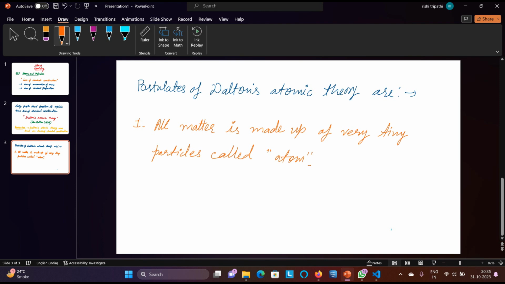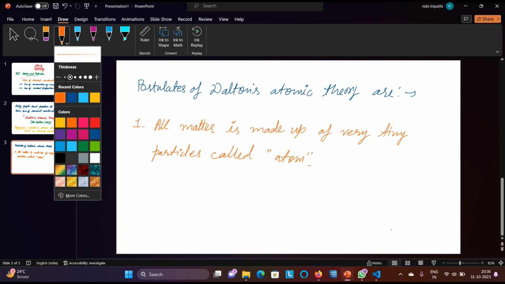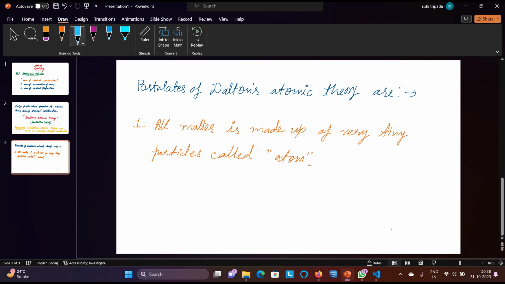Matter, all matter, what is matter? Anything which occupies space and has mass is called matter. So all matter is made up of very, very small particles which are called atoms. And that was the first postulate of Dalton's atomic theory.